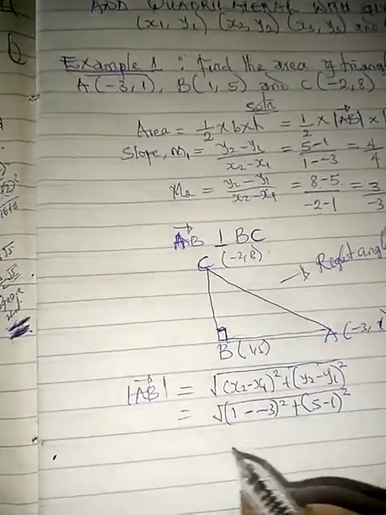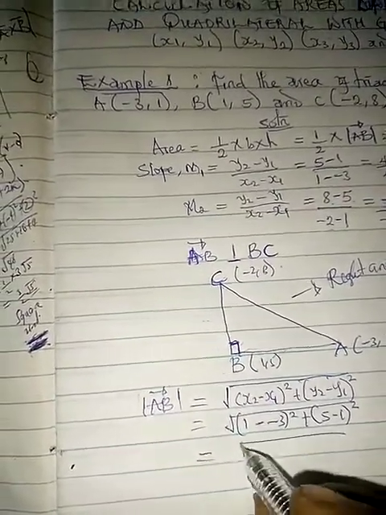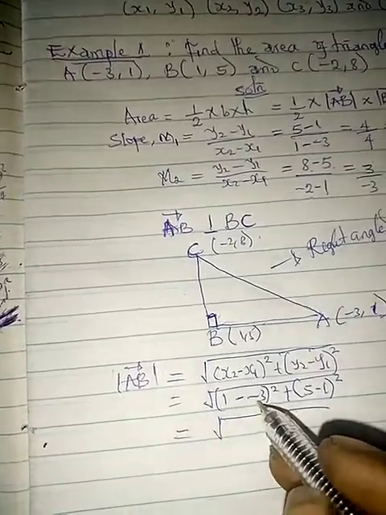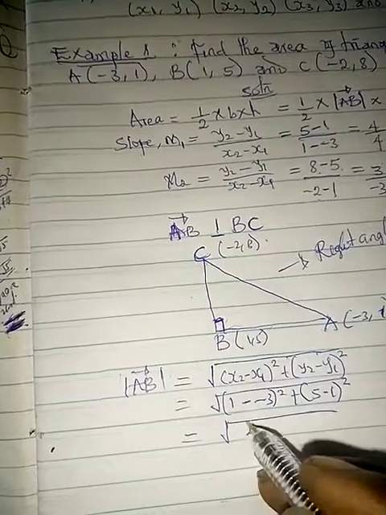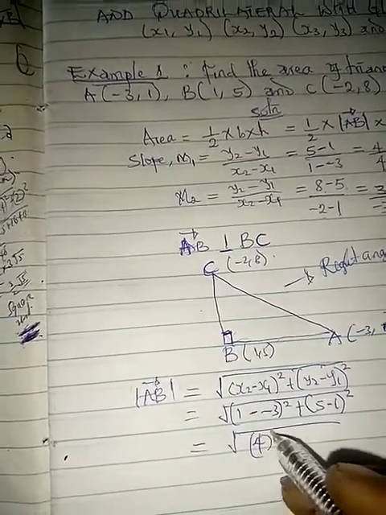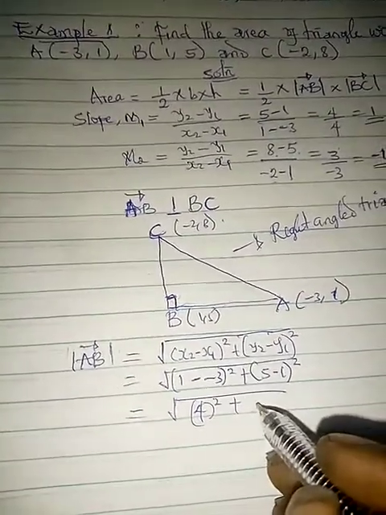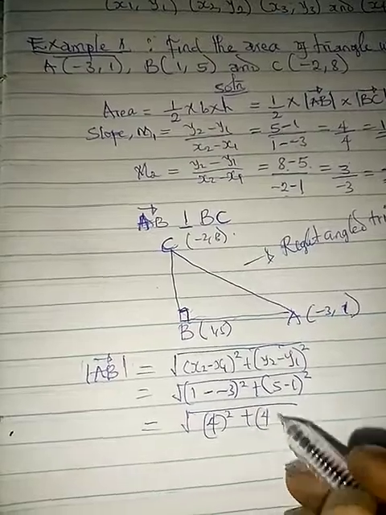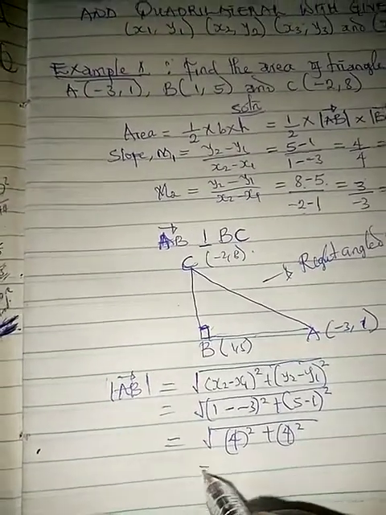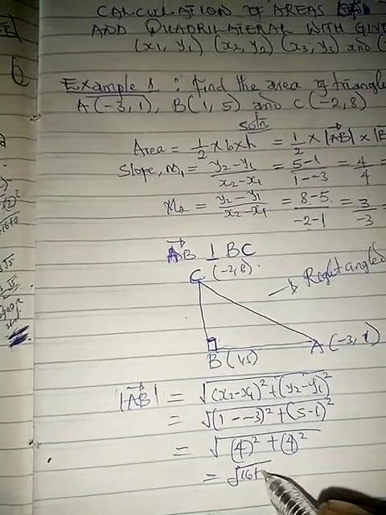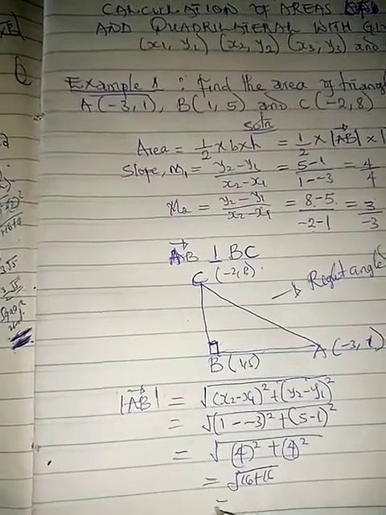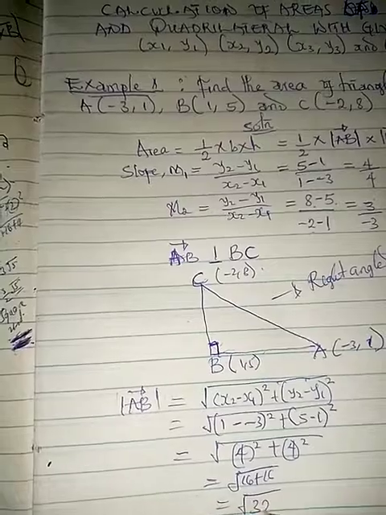All square. So this one will become square root of 1 minus negative 3, that will give us 4 all square, plus 5 minus 1, the same thing, will give us 4 all square. So this one will now become square root of 4 times 4 is 16 plus 4 times 4 is 16. So this will give us square root of 32.